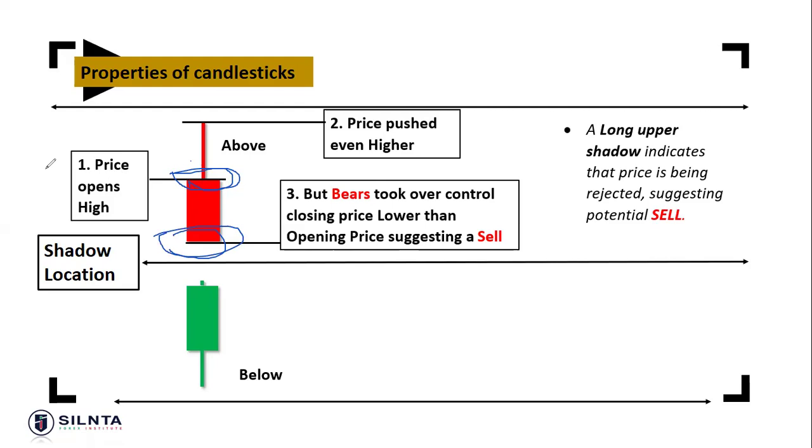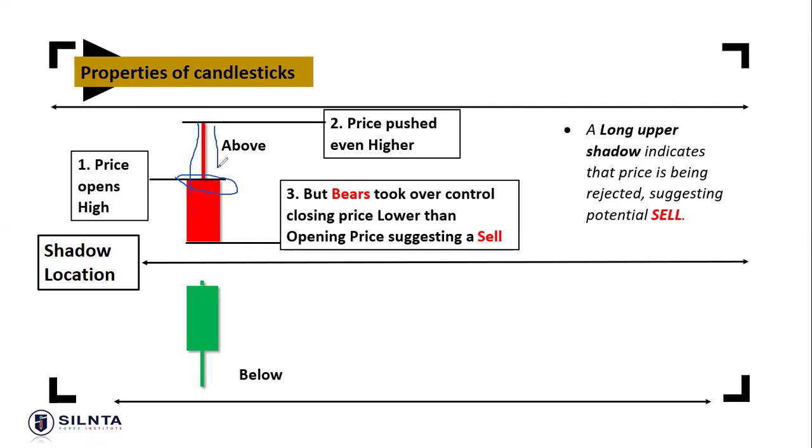Okay. Now what we have here again is that the price opened high, because that is where the horizontal line is. Do we agree there? Yes. And then this price, after it opened, maybe within that hour, it was pushed even higher. Do we agree there? But after maybe 20 minutes, 30 minutes later, the sellers came in strongly.